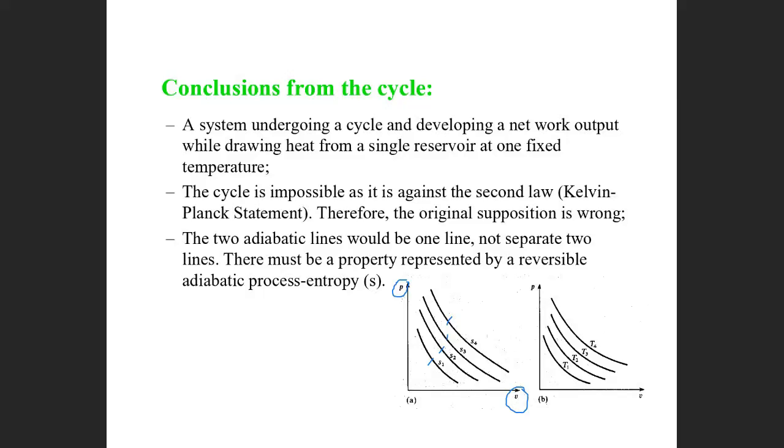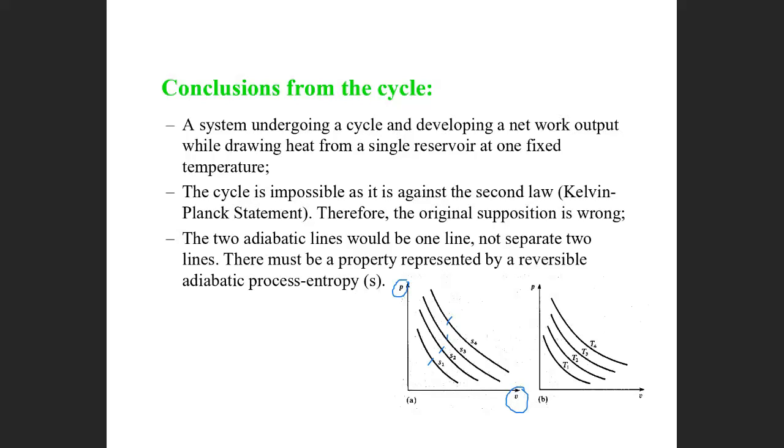A system undergoing a cycle and developing a net work output by drawing heat from a single reservoir at one fixed temperature is impossible, because it is against the second law. And therefore, we can have the entropy line.